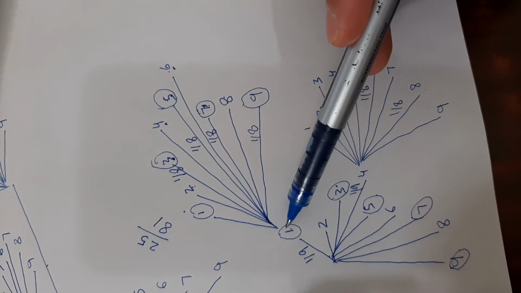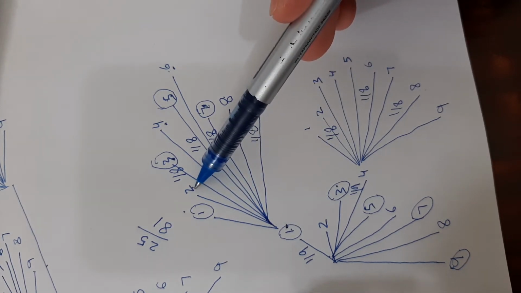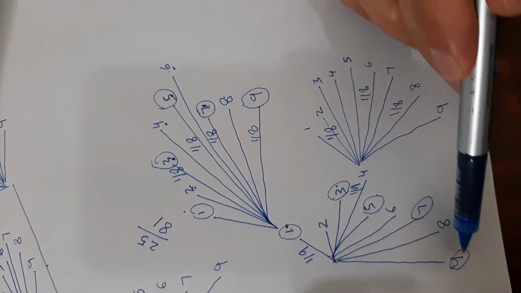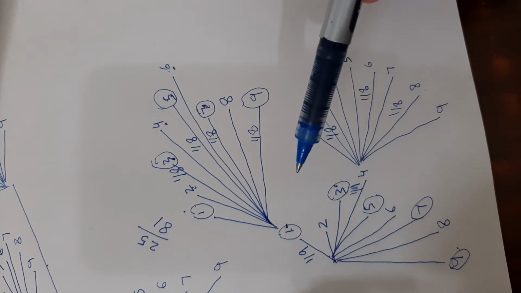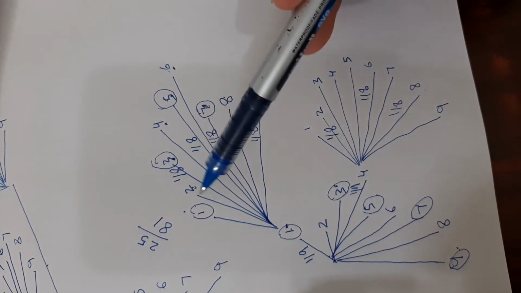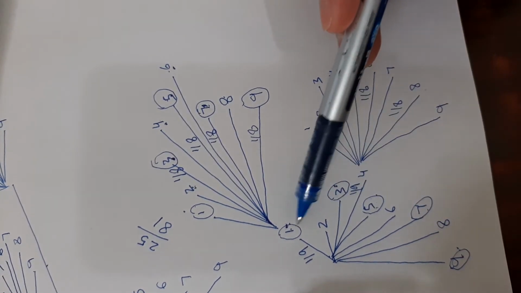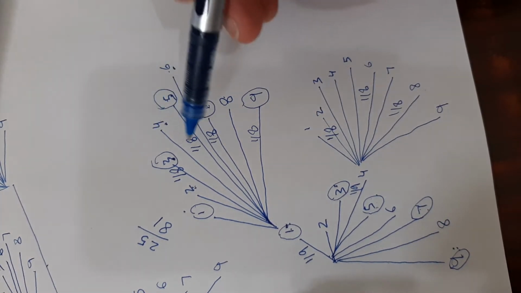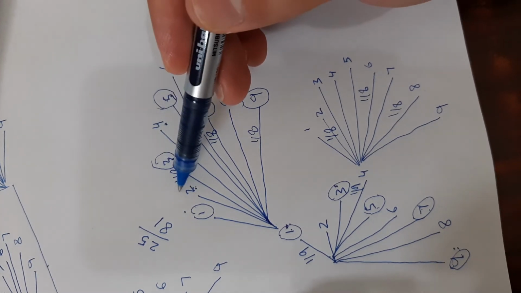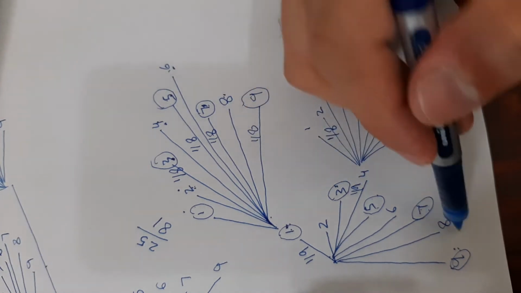So if one diagram having the first number as an odd number has 4 outcomes when the second number is even, then for 5 diagrams having the first number as odd, we will have 20 outcomes: 4 outcomes from one diagram, 4 from 1, so 4 into 5 is 20.